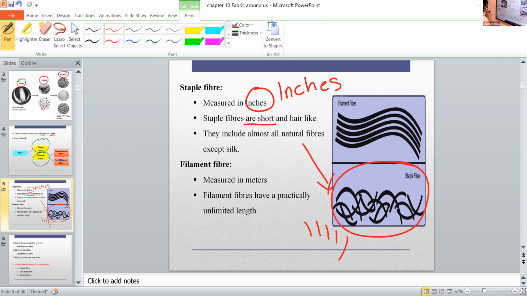Then the next one is filament fiber. On the basis of length, we classify the fibers into two, that is staple and filament. Staple means short fibers. Filament fiber means they have unlimited length, or infinite length.